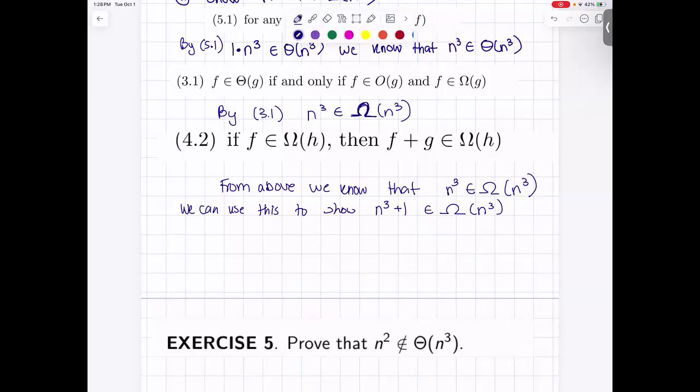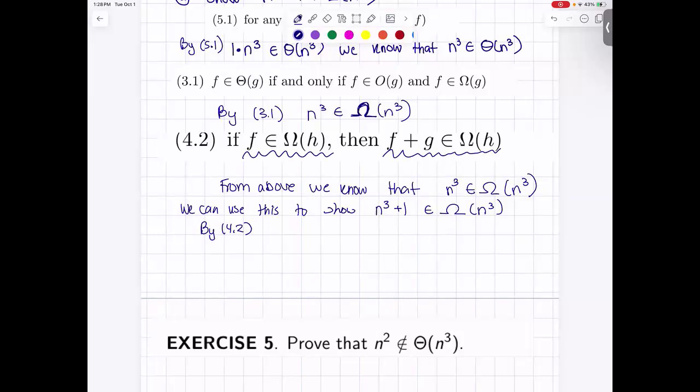But in order to actually say it in words, we're going to use property 4.2, which essentially says that if f is in big omega of h, then adding a function such as g doesn't change the lower bound. If it's in big omega of h, then f plus anything else will stay in big omega of h.